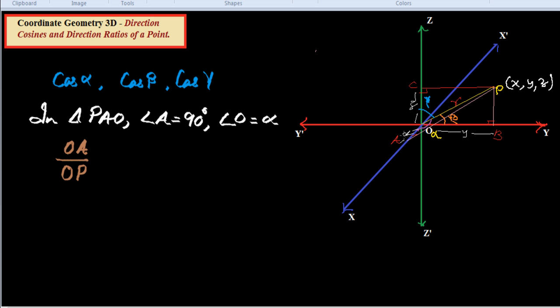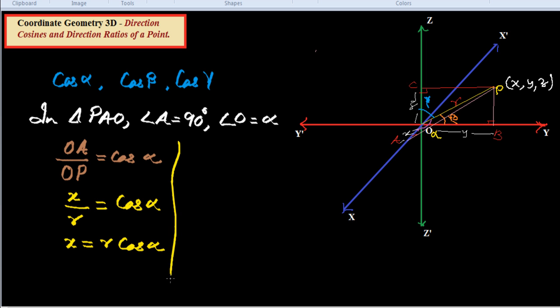So base over hypotenuse is cos alpha. Now OA, we know that OA is x and OP is r, so x over r is equal to cos alpha. So x is equal to r cos alpha.